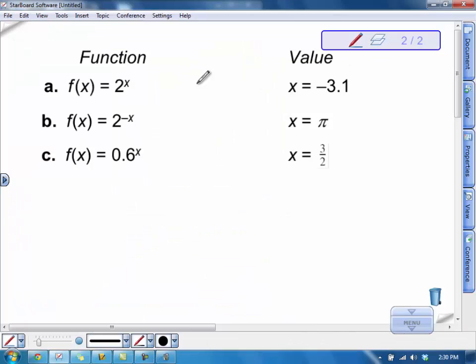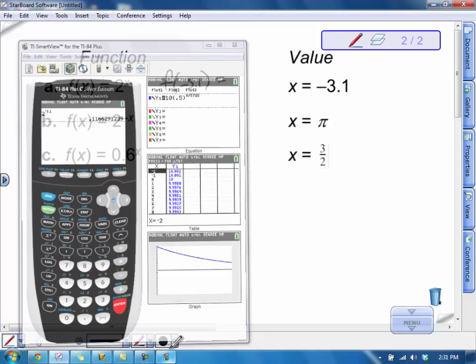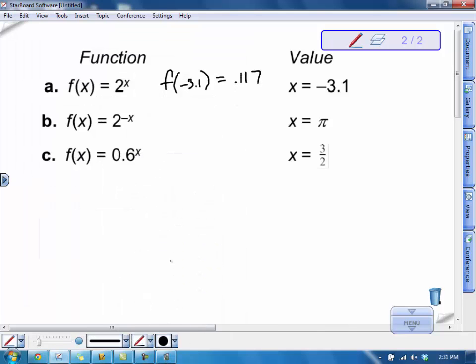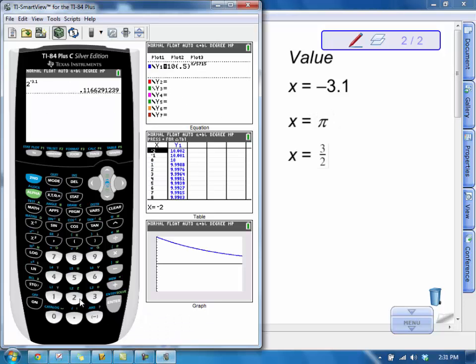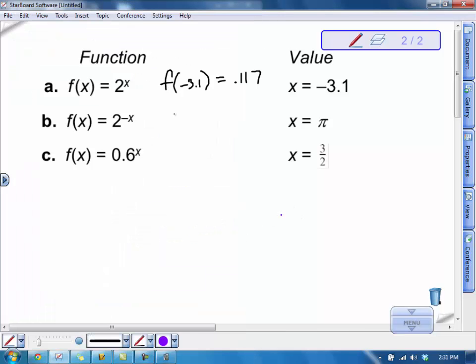So if I want to use function notation, I could say f of negative 3.1 ends up giving you about 0.117. And then for the next one, 2 to the negative x, it's pi, so 2 to the negative pi. Just go ahead and plug it in. 2 to the negative pi gives you 0.113. So f of pi, in this case, gives you 0.113.